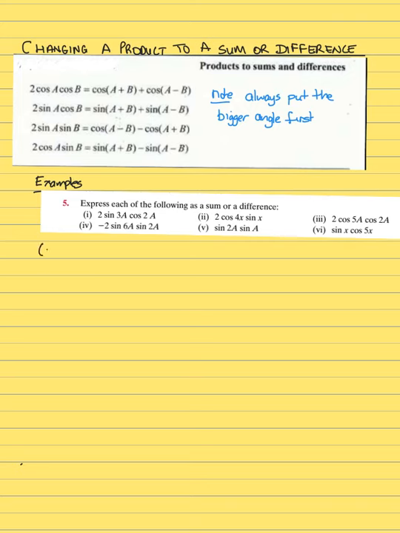In part 4 of this question, minus 2 sine 6a sine 2a, we use the formula 2 sine A sine B is equal to the cos of A minus B minus the cos of A plus B. And because we have a minus in front of it, well, we can just put a minus in front of this formula as well.